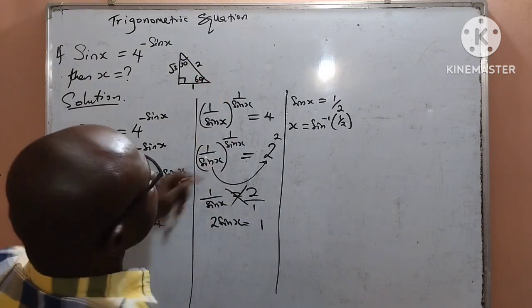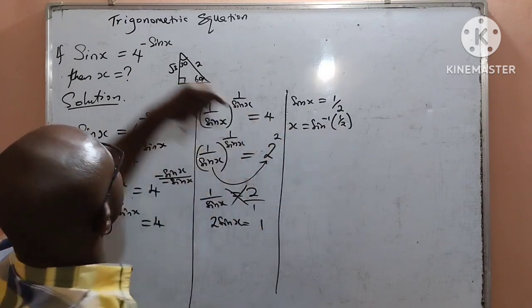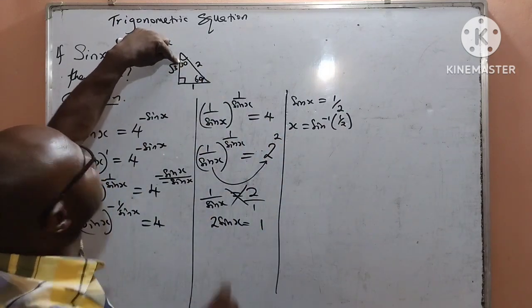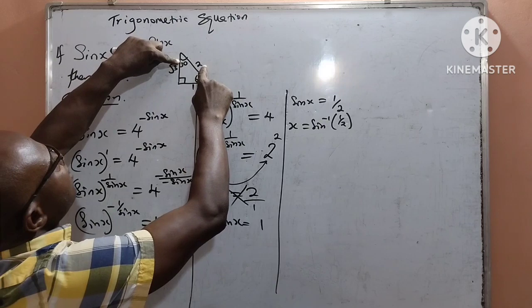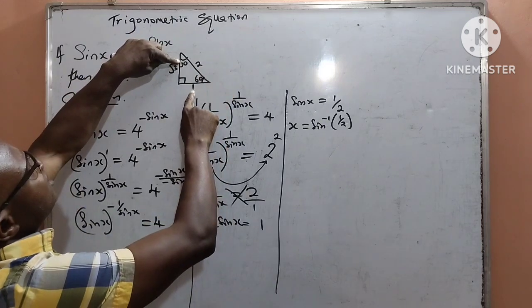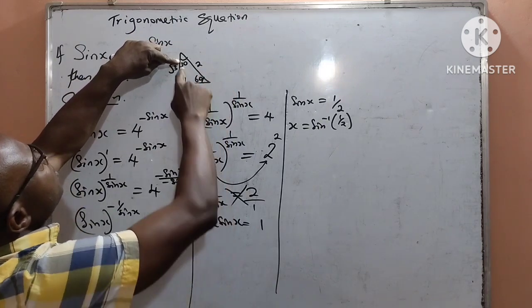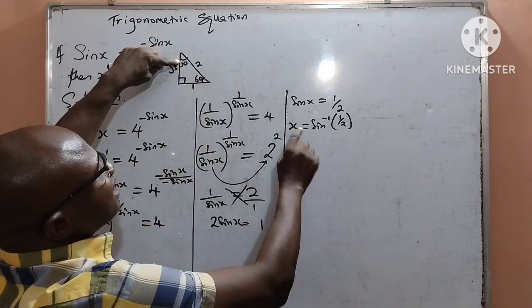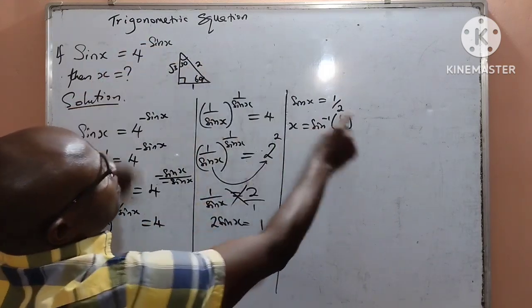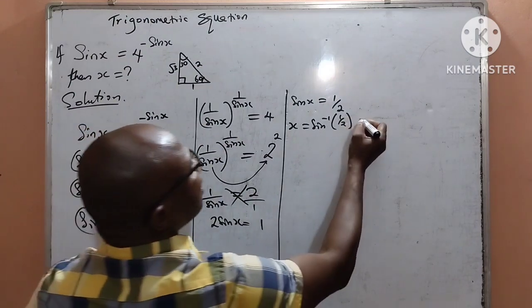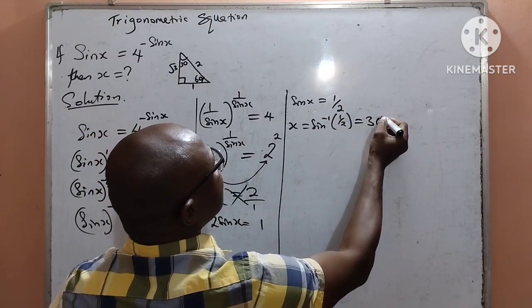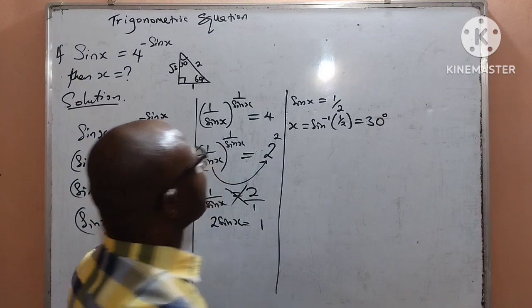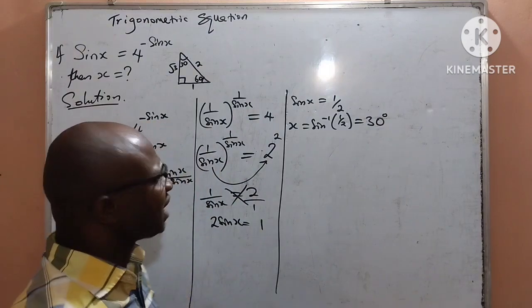Therefore, the only time I can get half is when I take sine 30, which is opposite over hypotenuse. The opposite is 1, the hypotenuse is 2. So sine 30 will give me 1 over 2. Therefore, the sine inverse of 1 over 2 will give me angle 30. Beautiful. So we have the first value of x as equal to 30.